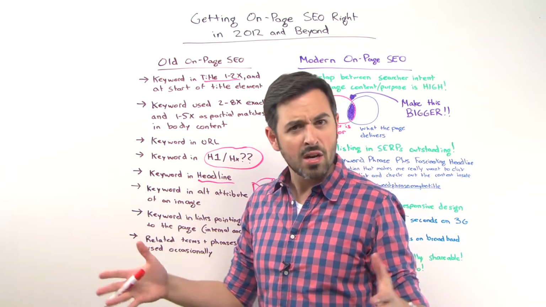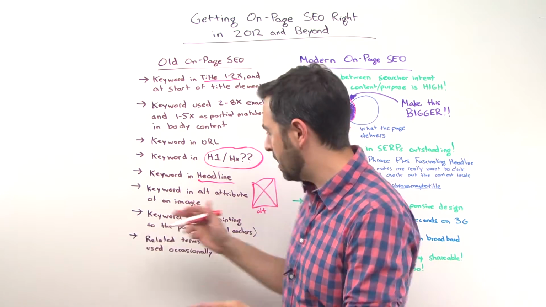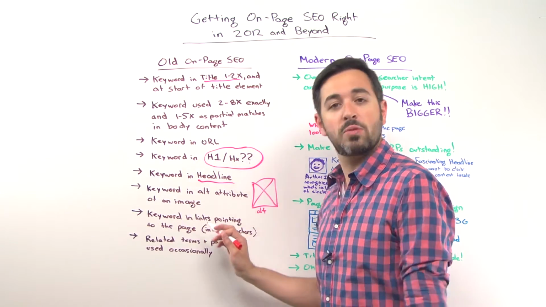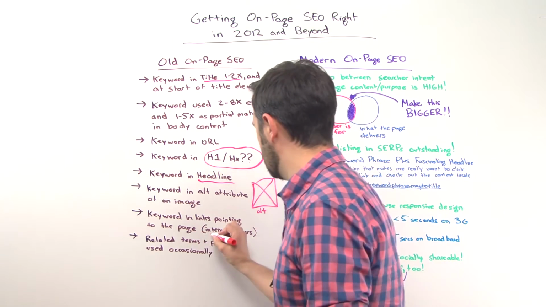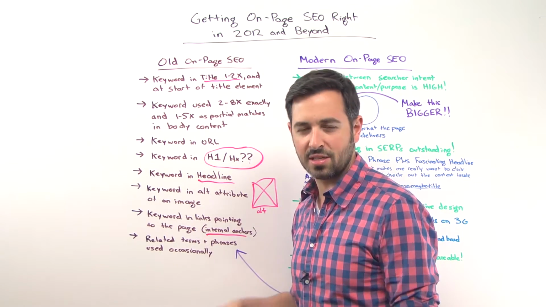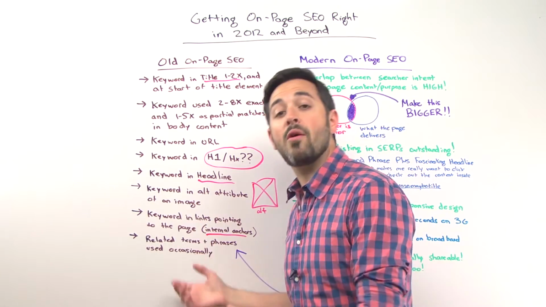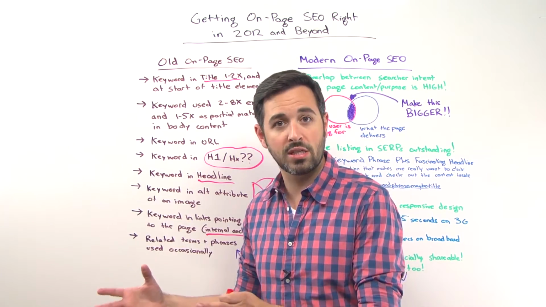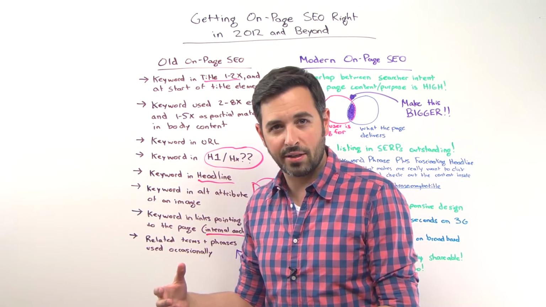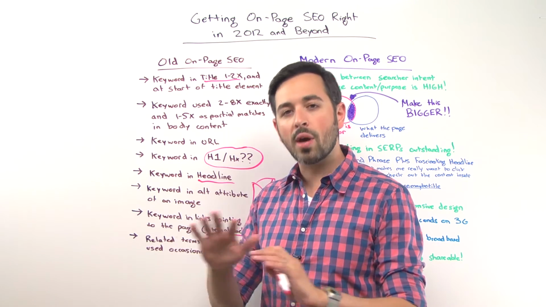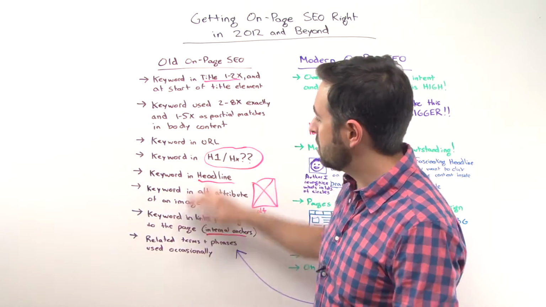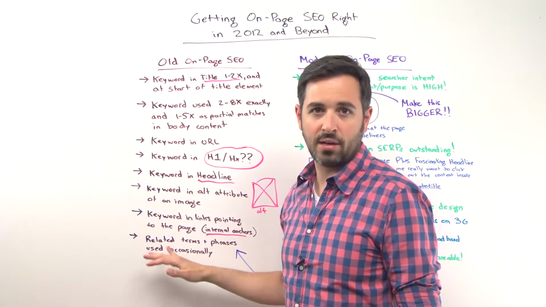That looked like it had a surprising correlation with pages that do well. We want keywords in links pointing to the page internally on our own site, those internal anchor text phrases, and people would jump through all sorts of hoops to get that done. And yes, we want to throw in some related terms and phrases, fitting that topic modeling stuff. Okay, great. This stuff is not unimportant anymore.